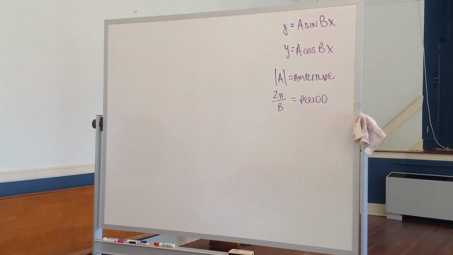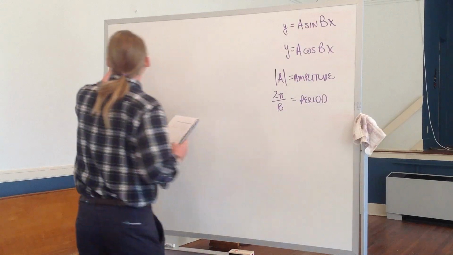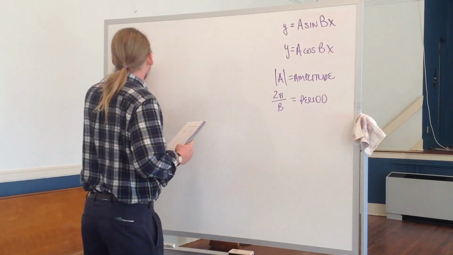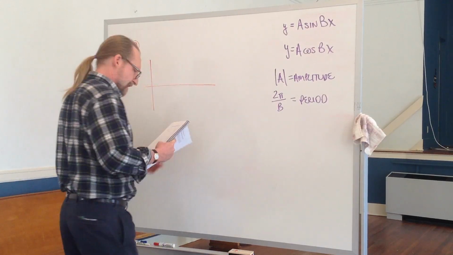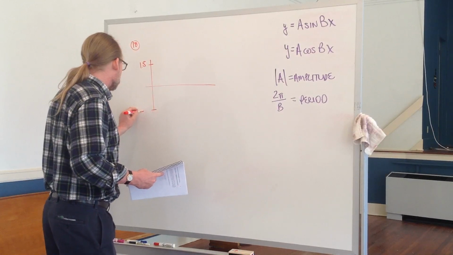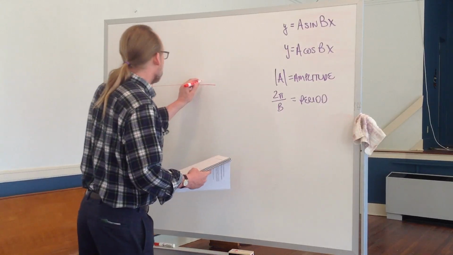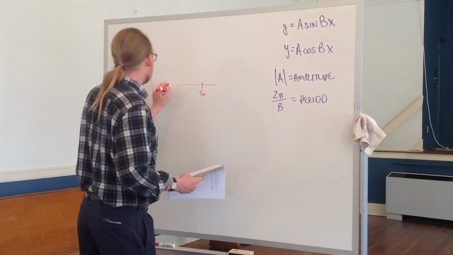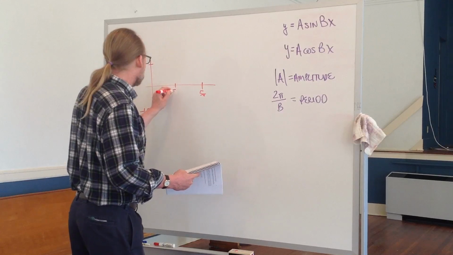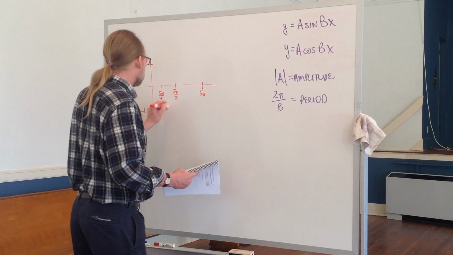Okay, let's see. Problem 18. What do we have here? We've got max and minimum values at 1.5. And then we've got this period of 5 pi. 5 pi over 2, 5 pi over 4.